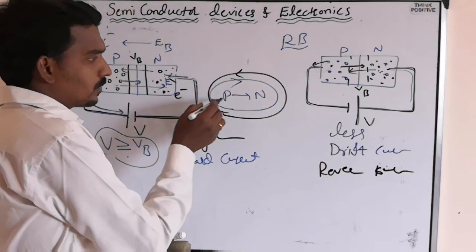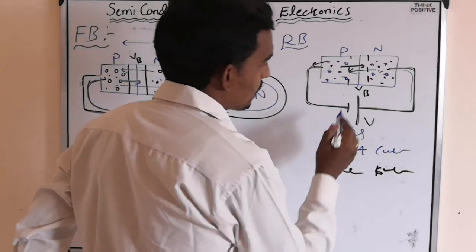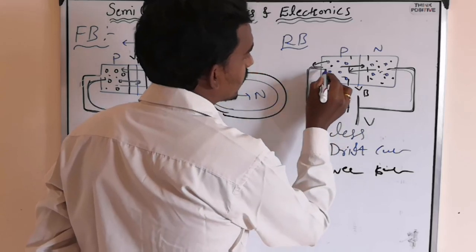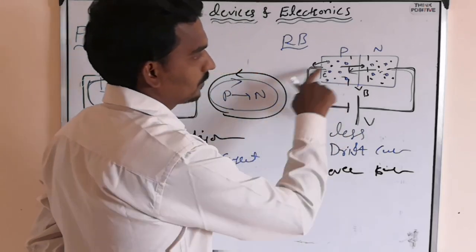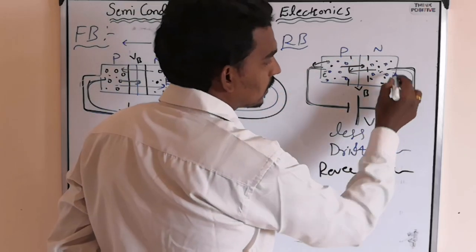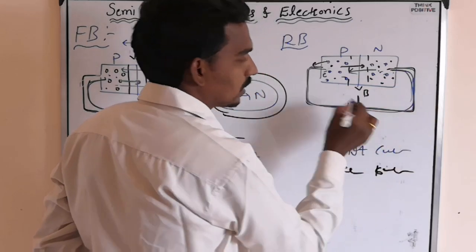And forward current is from P to N. But if you take the reverse bias here, one electron enters from the negative terminal and joins here, and one electron shifts here, and because the positive terminal attracts electrons, one electron comes here.